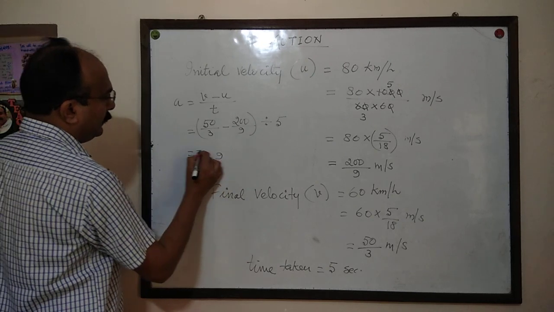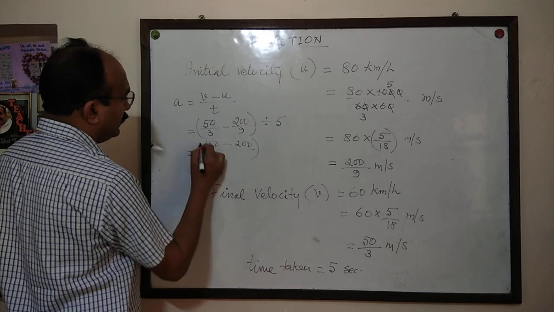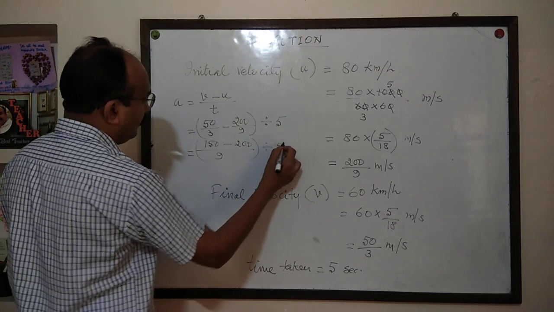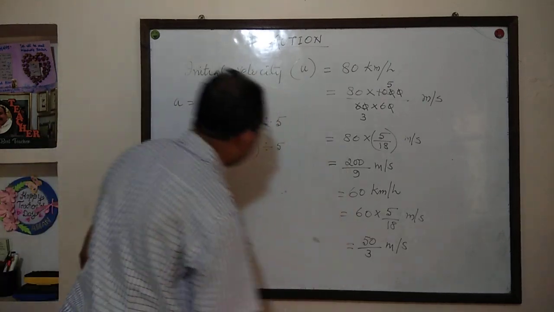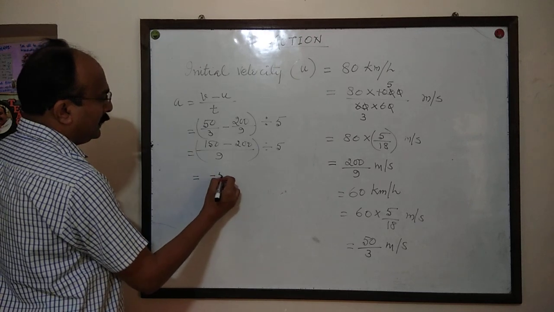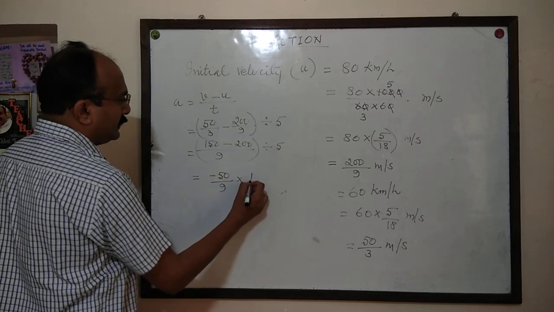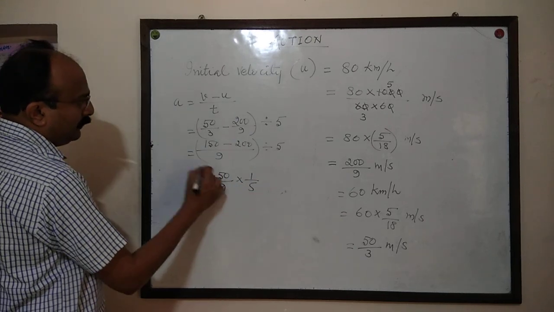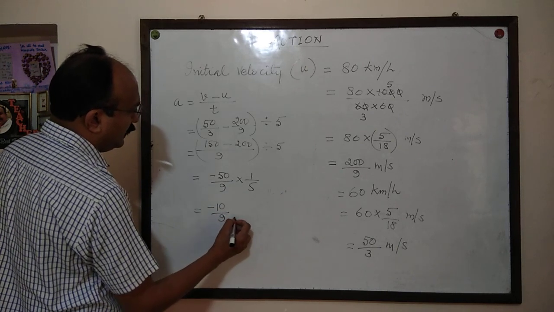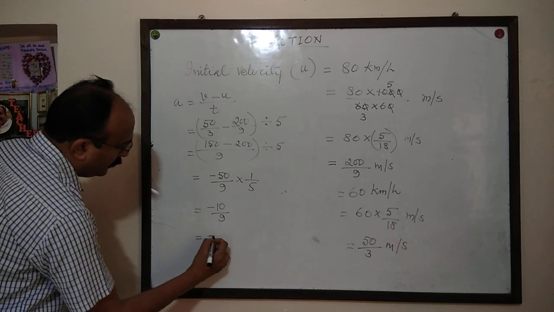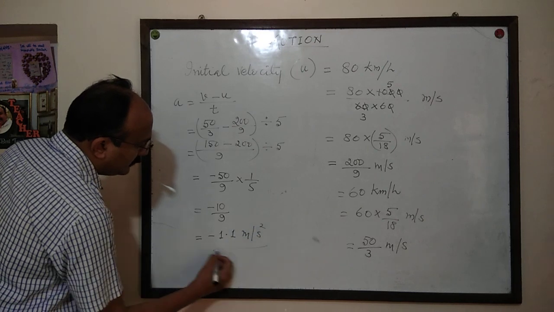LCM 9. 150 minus 200 divided by 5. That is minus 50 upon 9 divided by 5 means into 1 upon 5. 50 and 5 got cancelled. Minus 10 upon 9 is equal to minus 1.1 meter per second square.